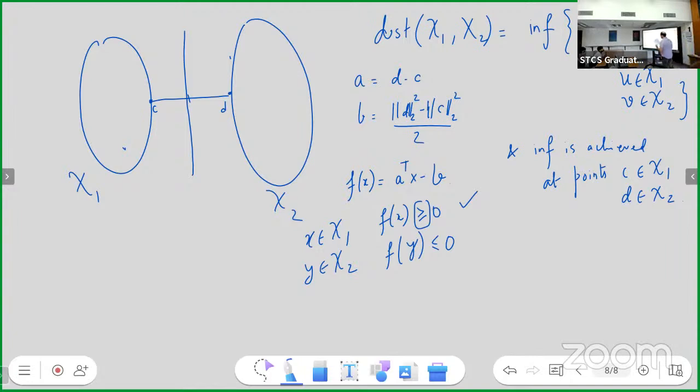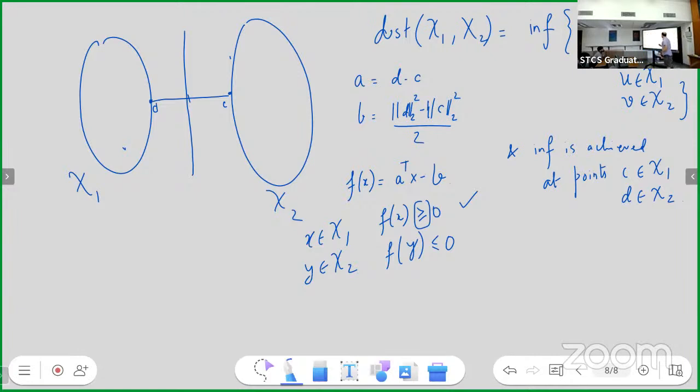In the interest of making sure that it works, let's just do this. Okay, so now this is in fact correct.